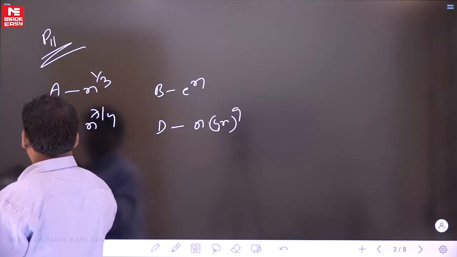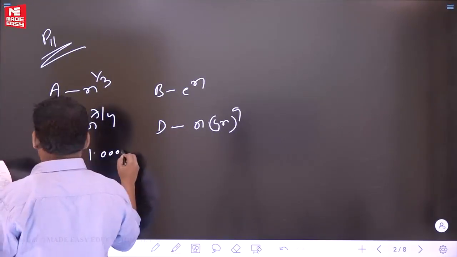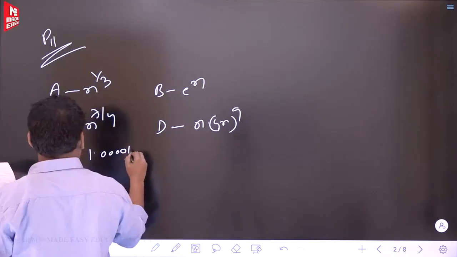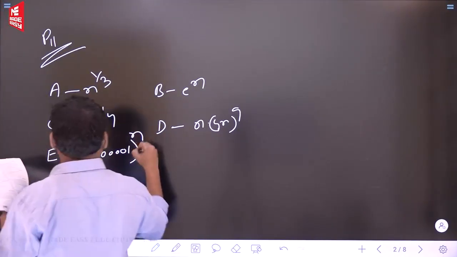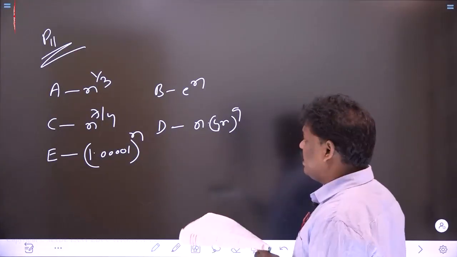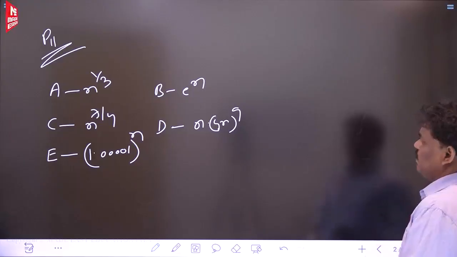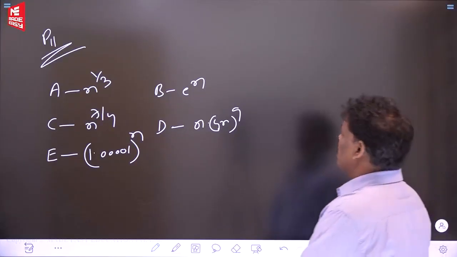E. These all 5 we have to write in increasing order, meaning a smaller one, next smaller, and so on, bigger. Many people know what the answer for this one is.